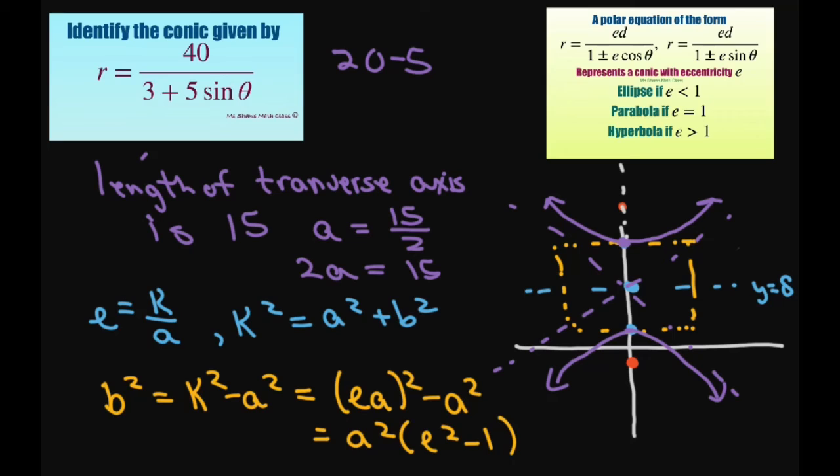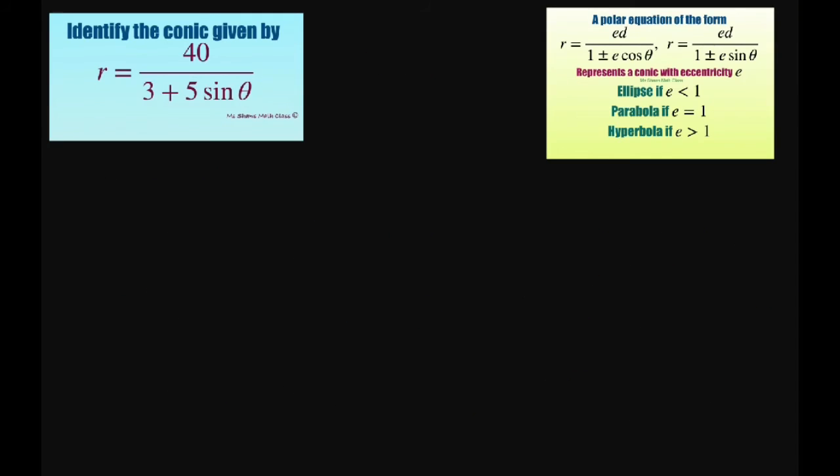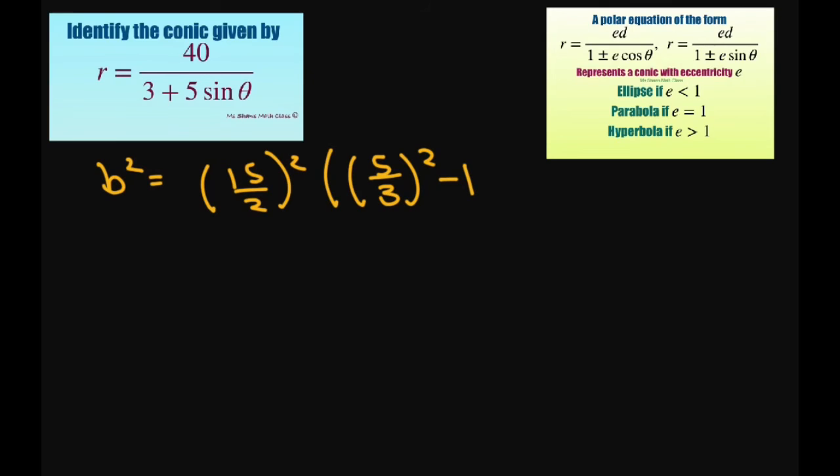So solving for b squared, we get 15 divided by 2 squared, and then 5 divided by 3 squared minus 1.